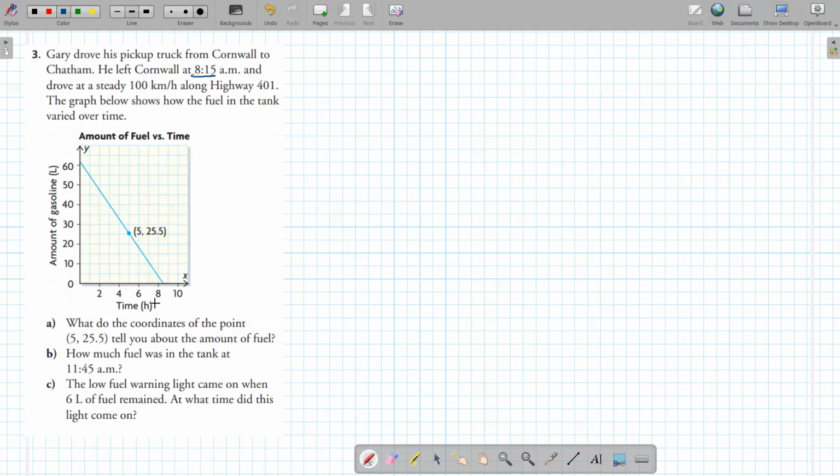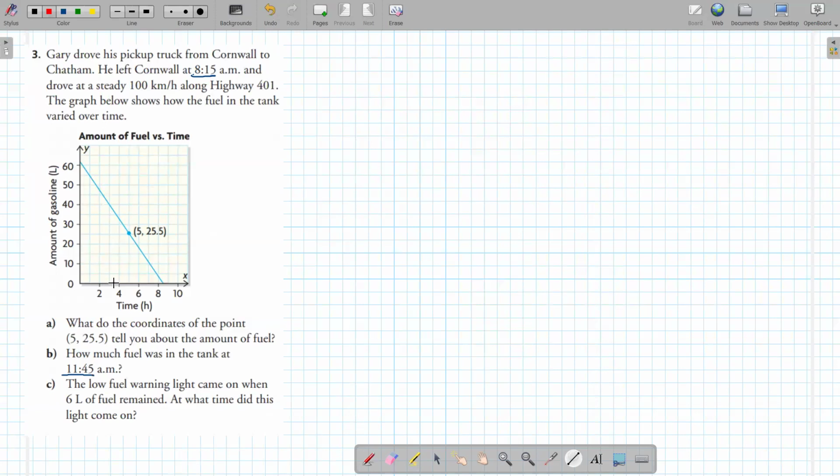Time is the number of hours after he left. So how many hours have passed from 8:15 to 11:45? It's 3.5. Exactly. So we're just looking for the y value when the x value is 3.5.